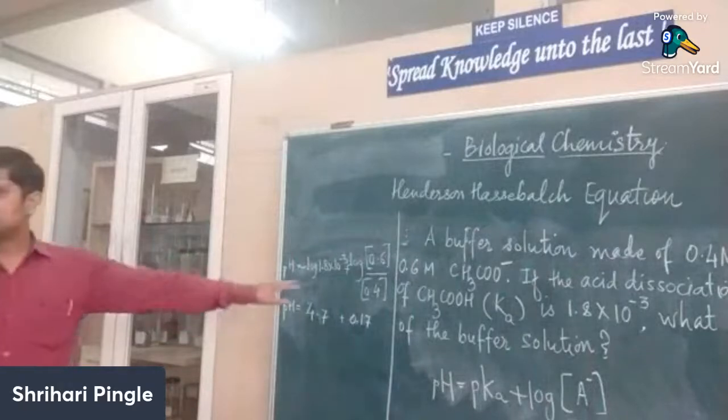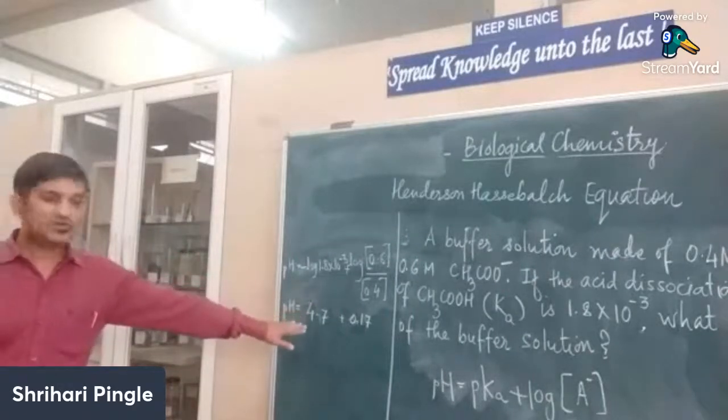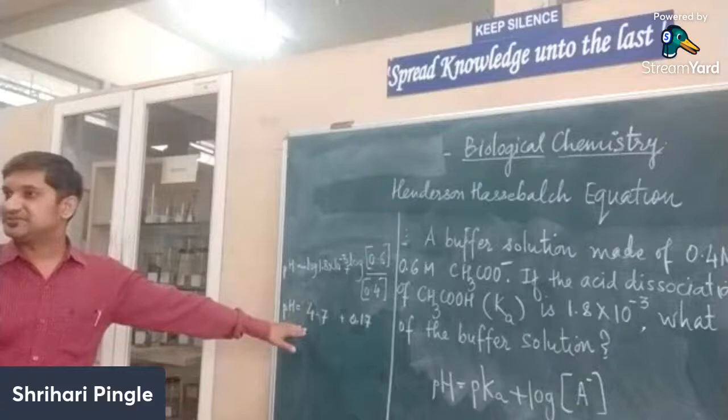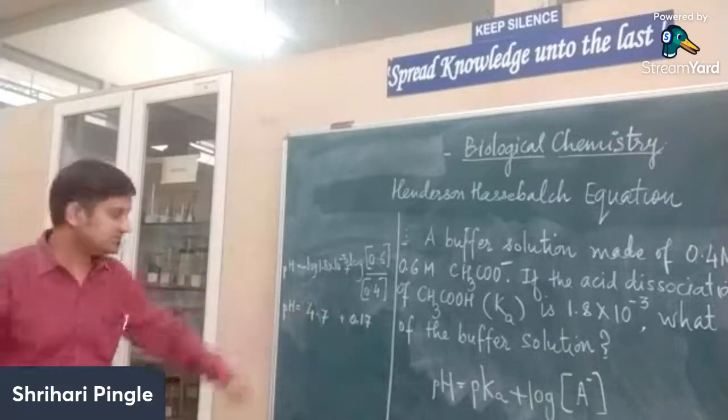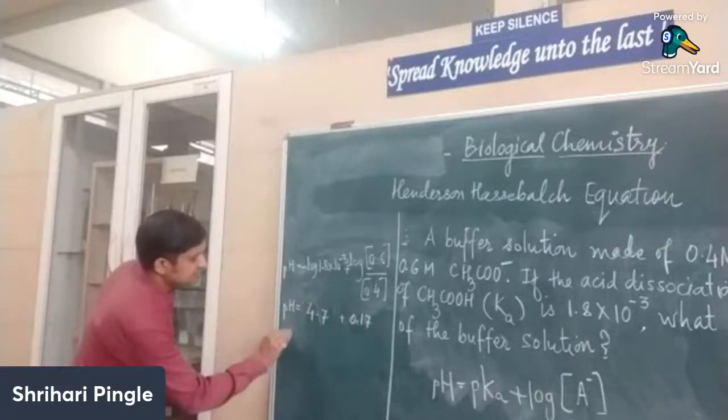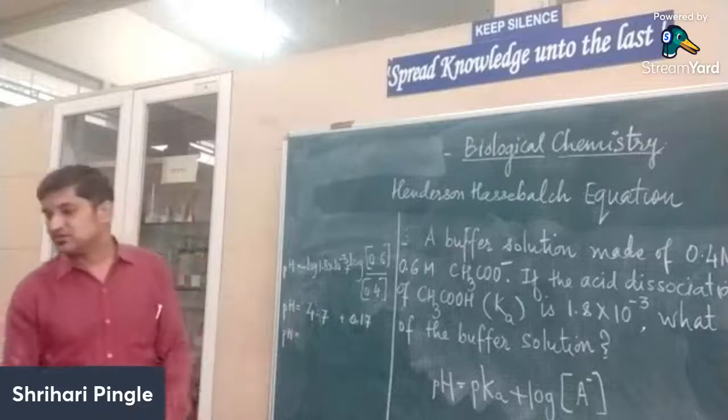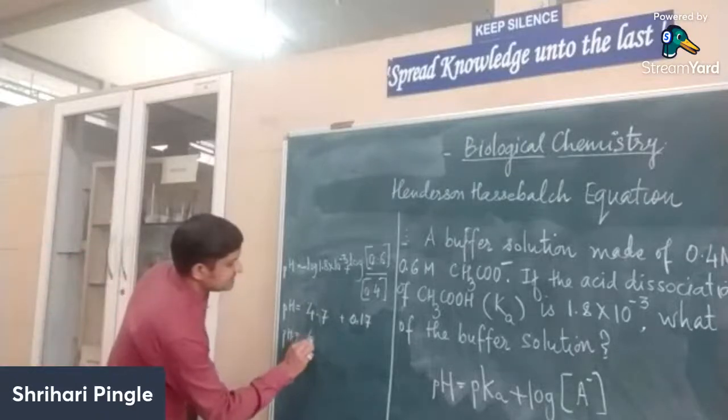So this value will come out to be 4.7. This is 0.17. So just add it. So final will be 4.87.